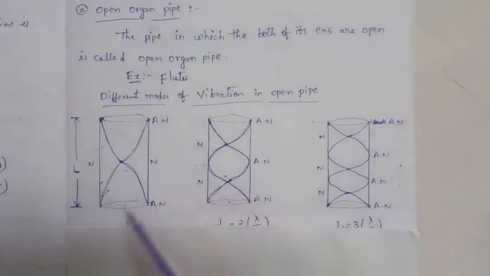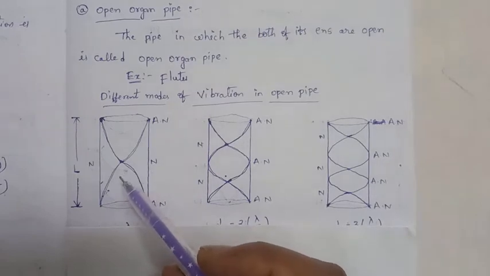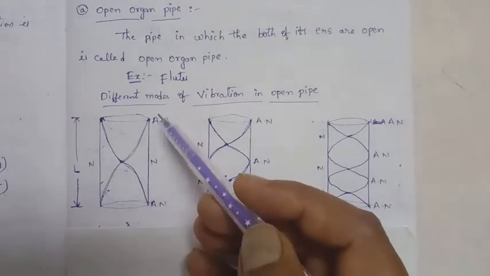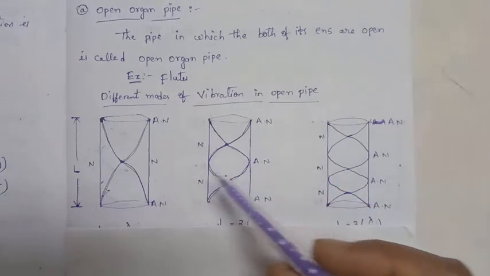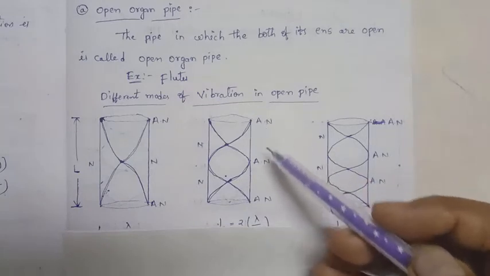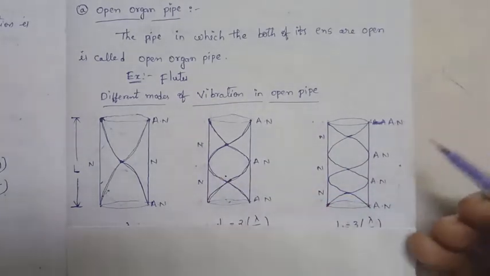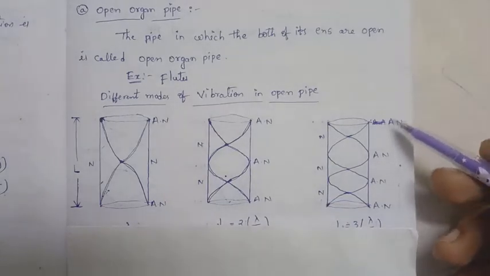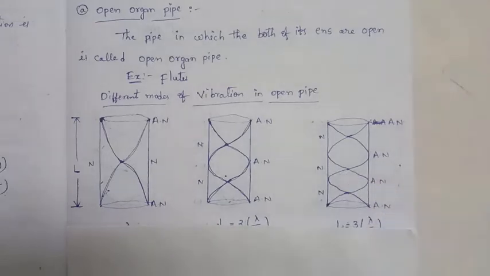In case of the first mode, across the ends there are two antinodes and one node. In the second mode, in between the antinodes there are two nodes and one antinode. In the third mode, in between the antinodes there are two antinodes and three nodes.